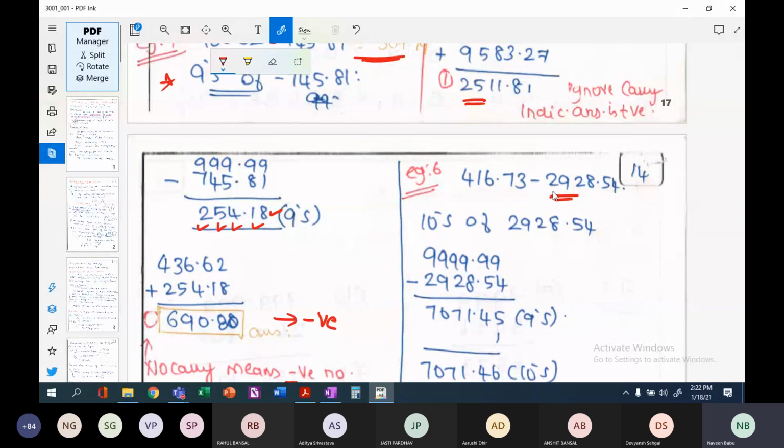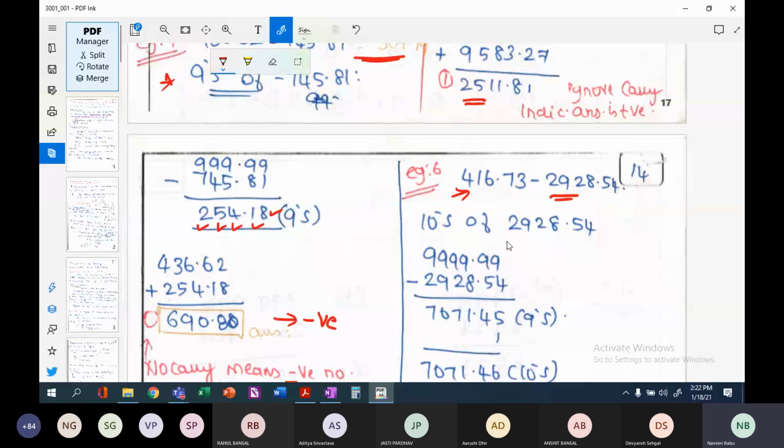Second step is add 1 to it, and then I will add the answer with the original number, and check whether I'm getting a carry or not. Obviously, nines complement of 2928.54: 9 minus 4 is 5, 9 minus 5 is 4, 9 minus 8 is 1, 9 minus 2 is 7, 0 1.